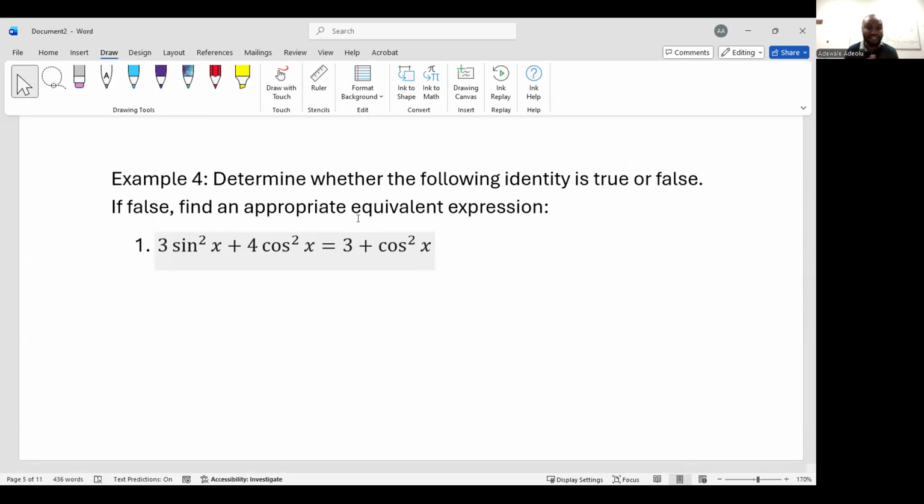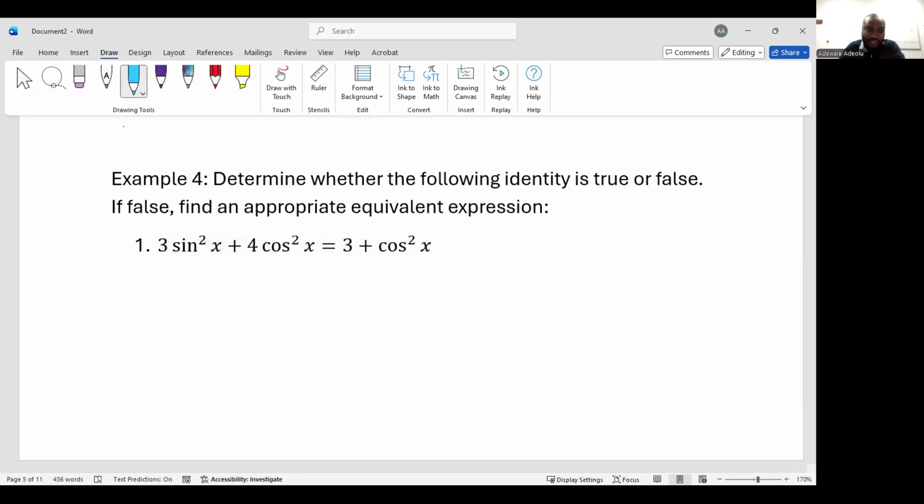But in this case now, it is telling you that sometimes it will be true, sometimes it will not be true. Now, your task is to answer that question, if it is true or not. And for you to do that, you need to pick one side again, simplify, work it out. Maybe in the end, you can write it as the other side. Okay, let us start.